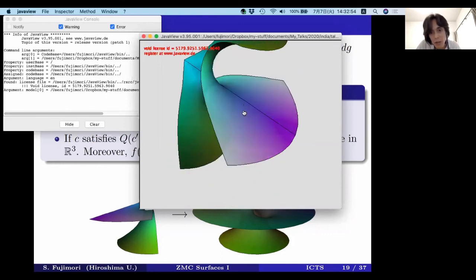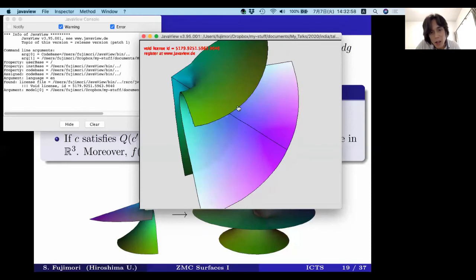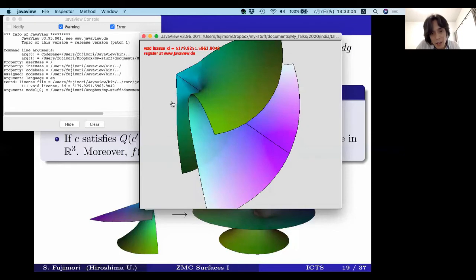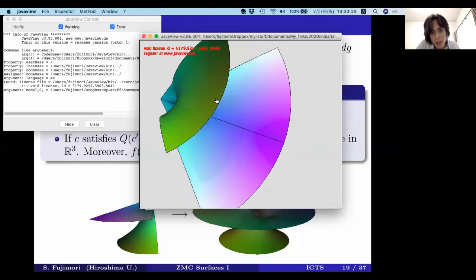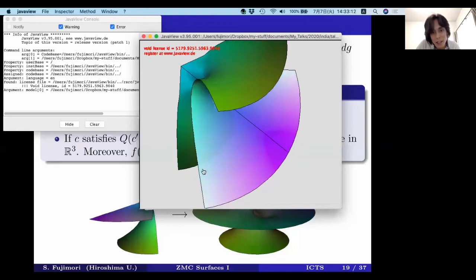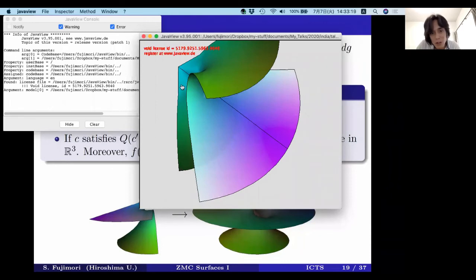So we have this surface. And now this boundary and this boundary are contained in the same plane. So we make a reflection with this plane.